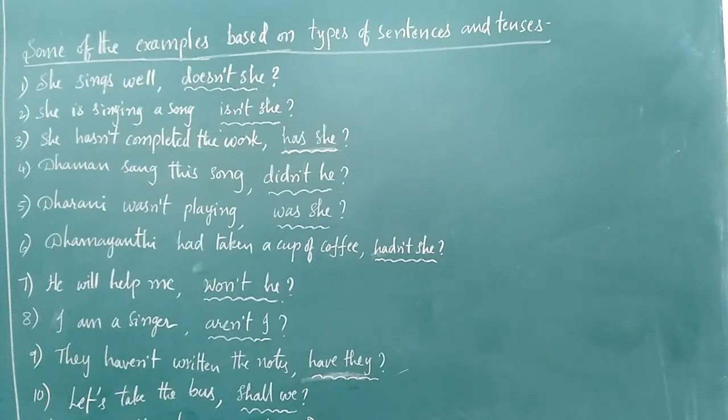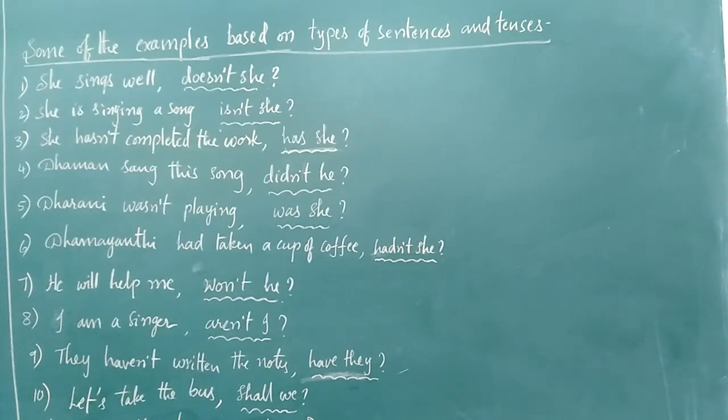And the sixth sentence, if you observe, Damayanti had taken a cup of coffee. See, it is in past perfect tense. Had is the helping verb. With the same helping verb, we started the question tag here. Since the statement is positive, we used a negative question tag, hadn't she. And the seventh one is, he will help me. It is in simple future tense.